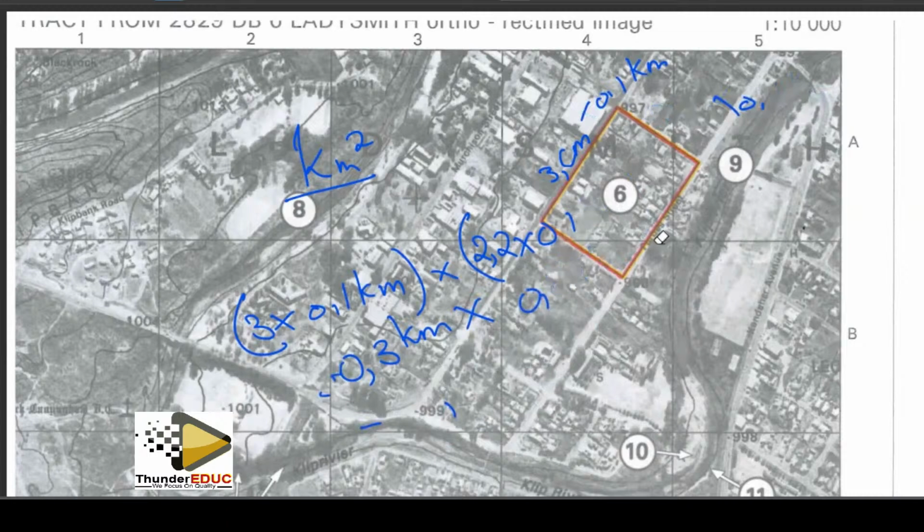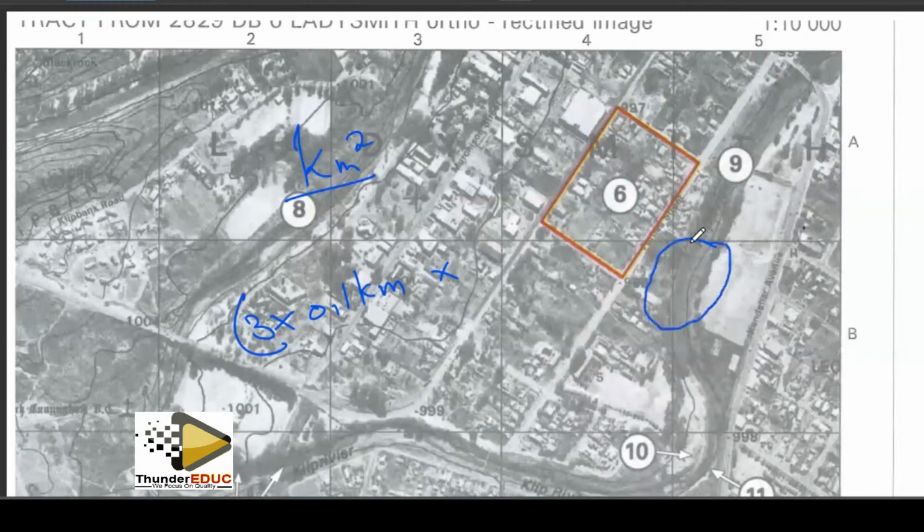If we are on feature number 6 and we want to figure out where our southeasterly direction is, we basically give the compass directions from 6. Our south, we're looking at southeast. Our southeast, we're looking at this part here.